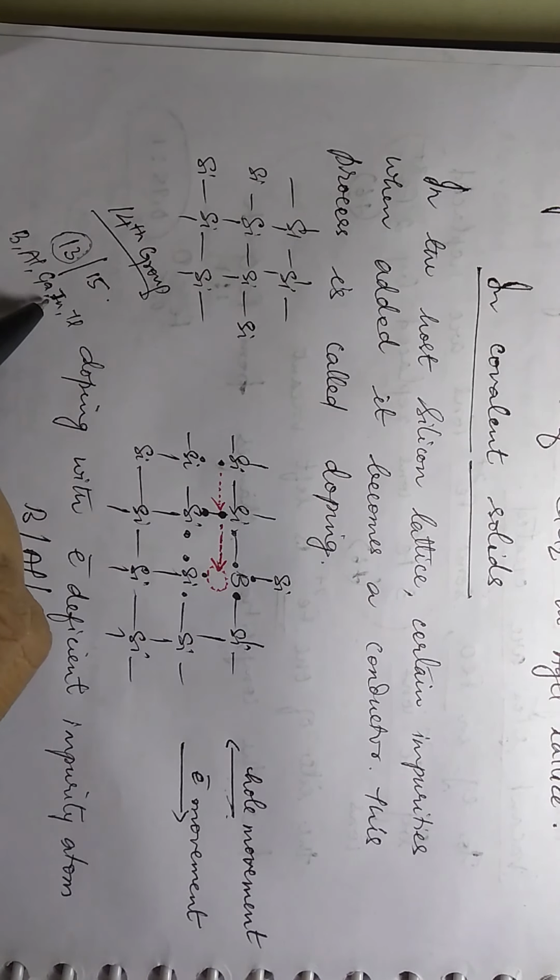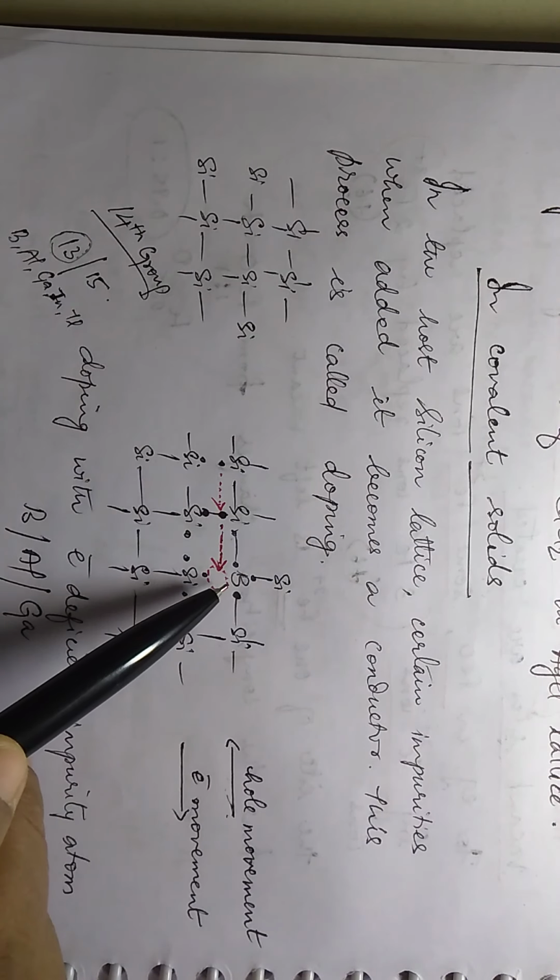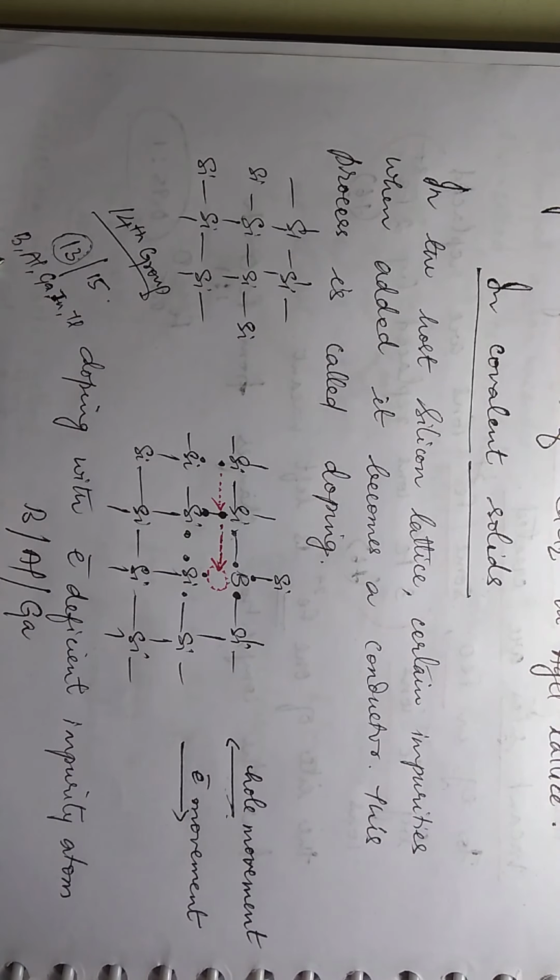Now any one of these, if it is added as an impurity, that impurity atom has replaced the host silicon atom in one place. And it is having a valency of 3 only. It's having only 3 valence electrons.